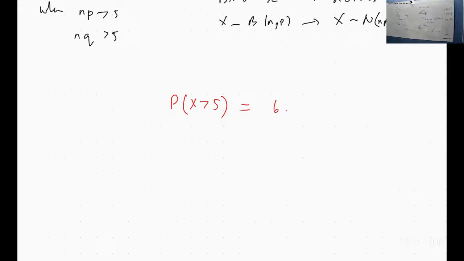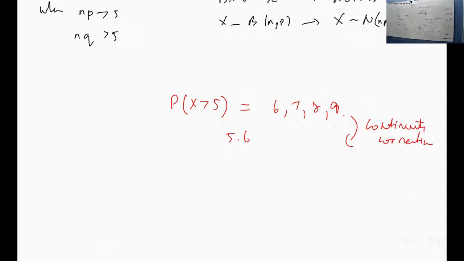So what we have to do is apply something called continuity correction. Suppose there was a value 5.6. Where will that value lie? Remember, you would have rounded that value off to make it discrete.